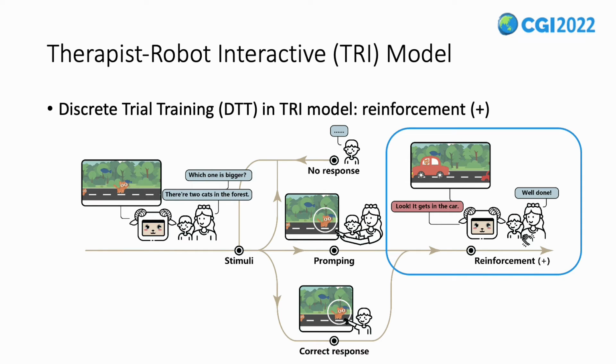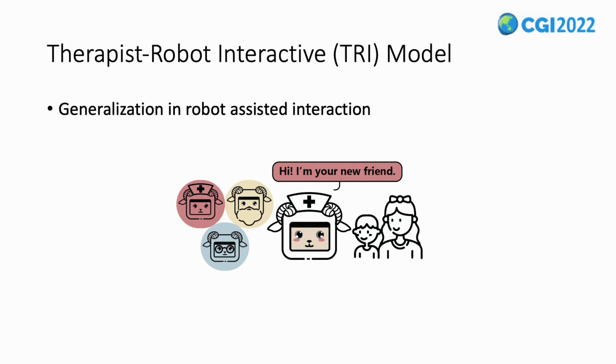For example, the robot can present the animation related to the interaction content. Also, multimedia reinforcers such as touchable screen and varied appearance can catch a child's attention and become a more powerful positive reinforcer.